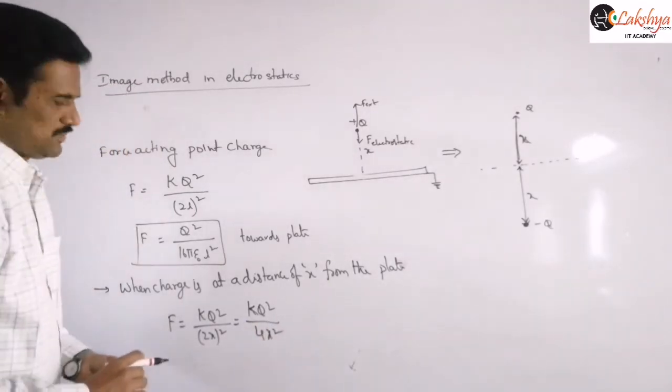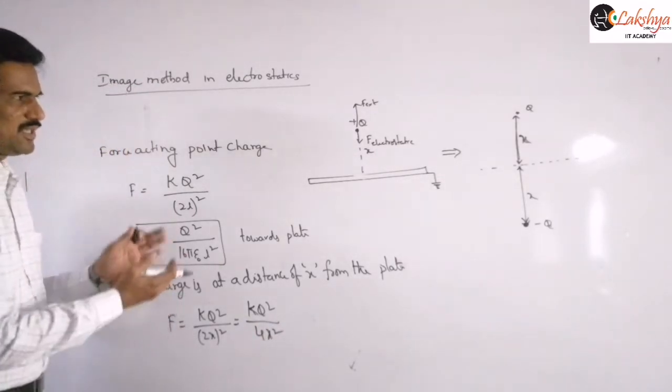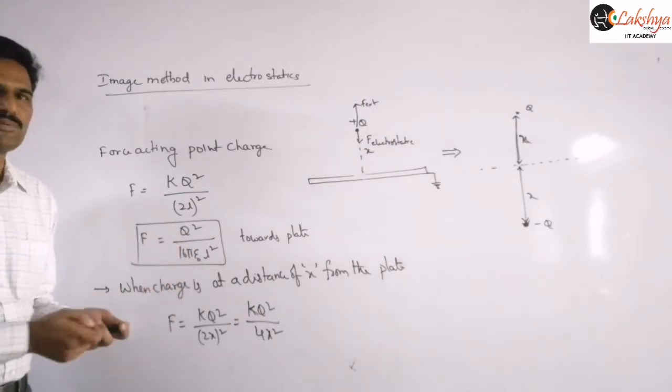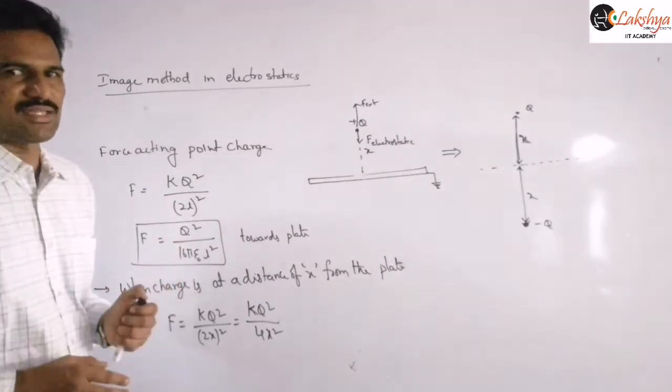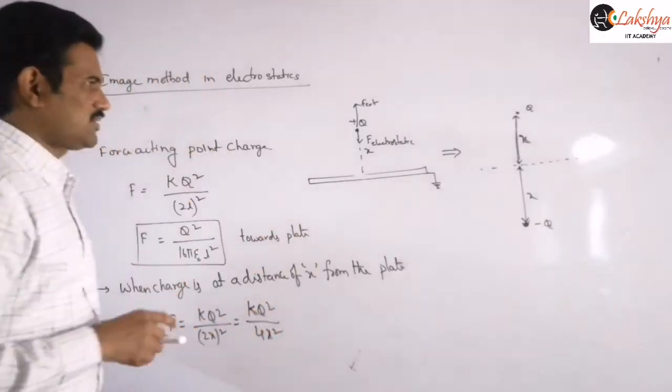And now this amount of force will be equal to the external force because we are displacing the charge slowly, so that there is no acceleration for this charge here, right?